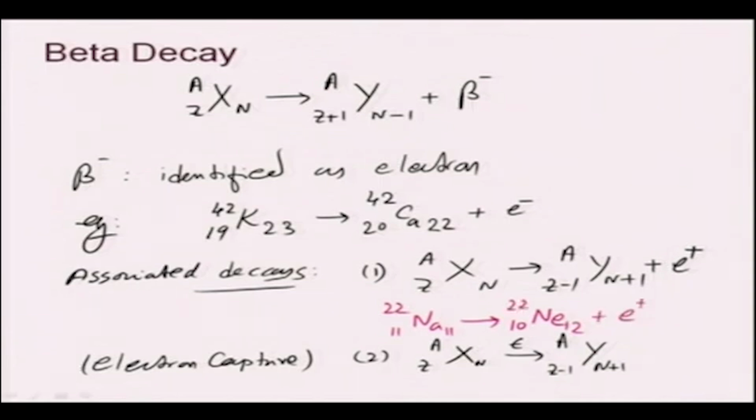And for electron capture, again the same thing you can consider. You can have Na 11 22 going to Ne 10 22, with 12 neutrons, with absorption of an atomic electron.